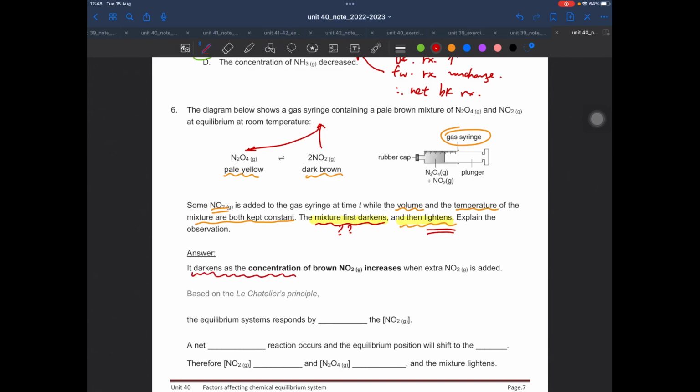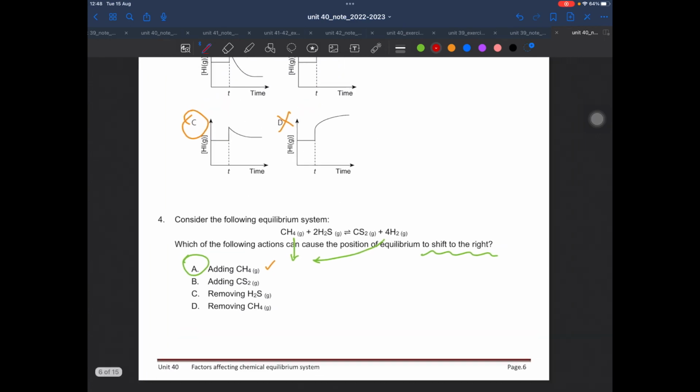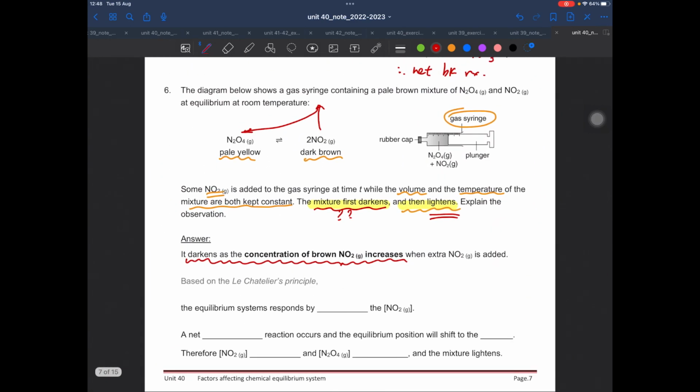At first sight, the reaction mixture becomes darkened because the concentration of NO2 increases. This is before the new equilibrium is achieved. All right?